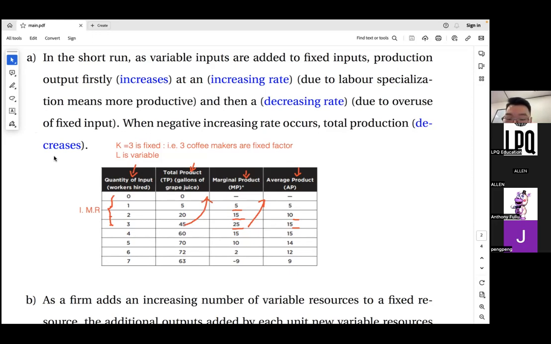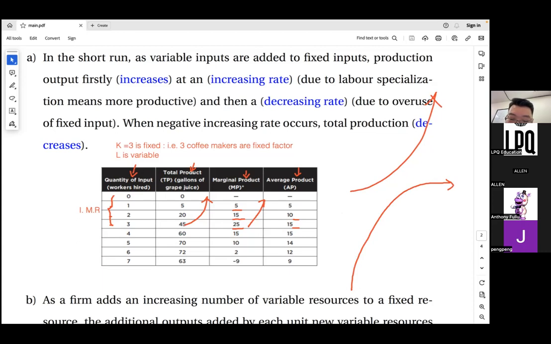It just increases faster and faster, because the curve becomes steeper.